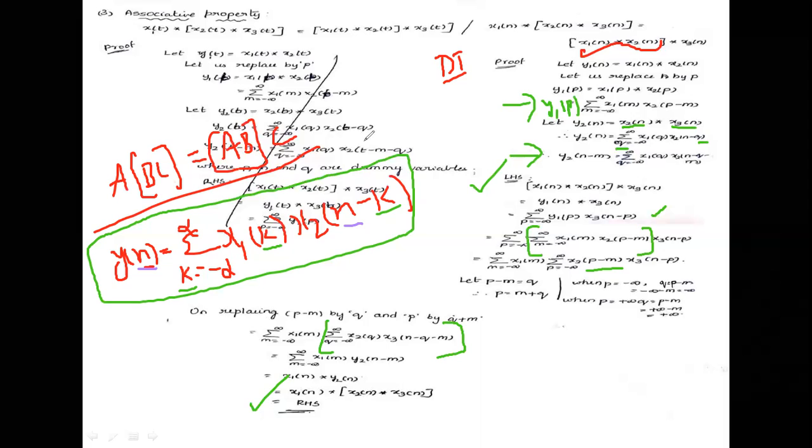Don't go into the integral values; you only have to go for the discrete functions to prove the associative property. So all three properties, commutative, distributive and associative, are obeyed by the convolution.